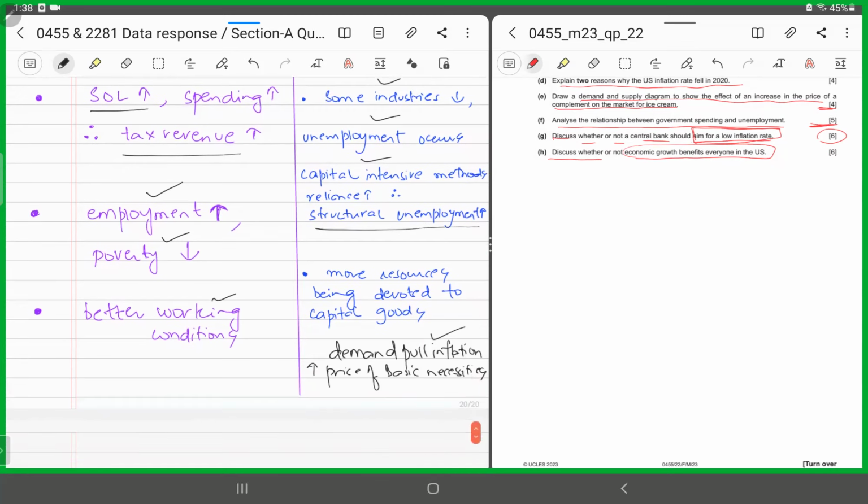Or it could also not be beneficial if you are devoting more and more resources to the production of capital goods. If you're concentrating more on the production of capital goods, the benefits might not be reaped at that time. So again, economic growth would be beneficial, but not for everyone in the economy.